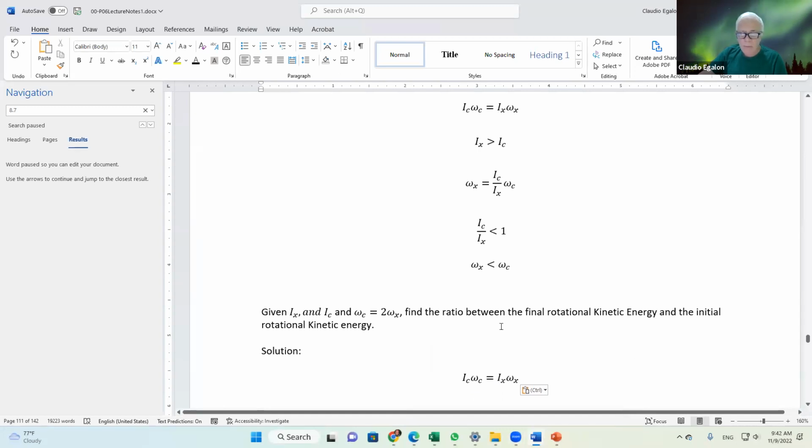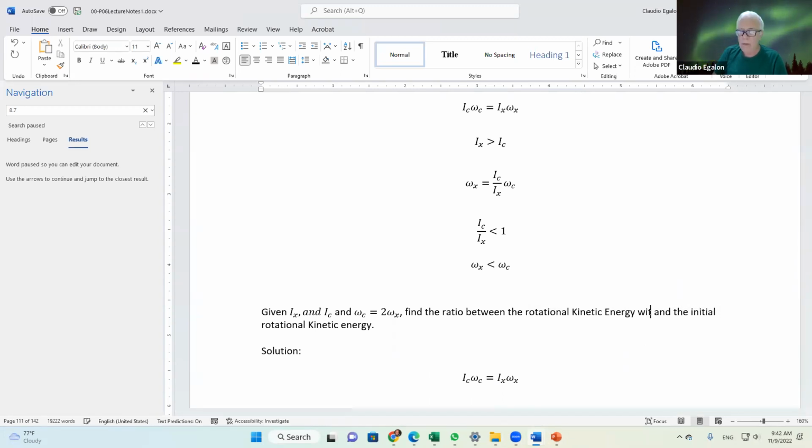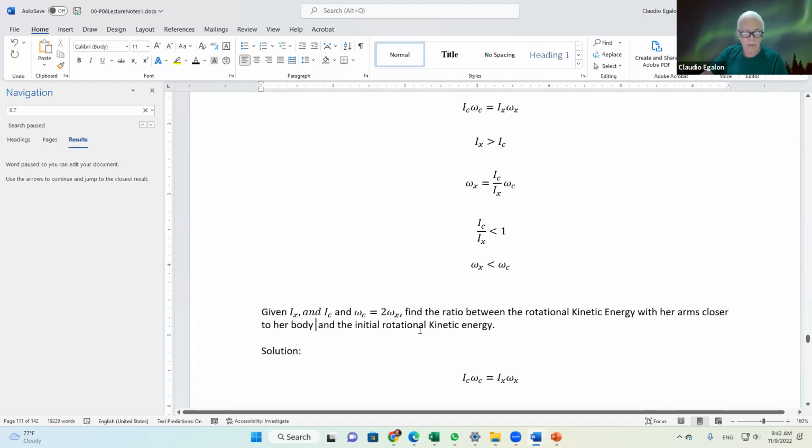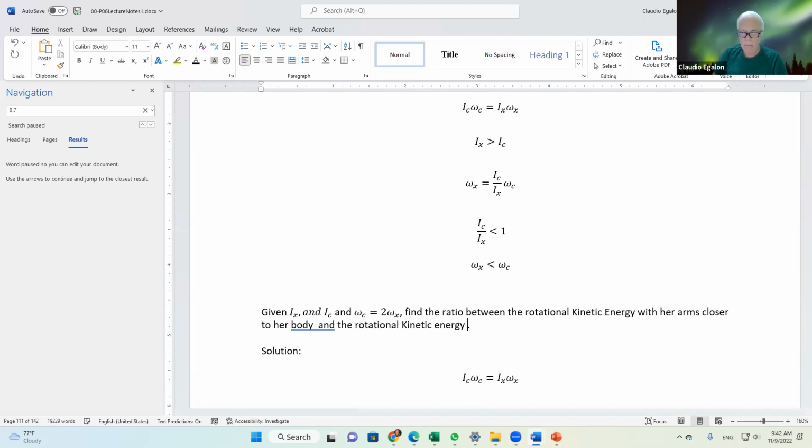Not initial, right? The ratio between, let's see, the rotational kinetic energy with her arms closer to her body, and the rotational kinetic energy with her arms extended. Okay.